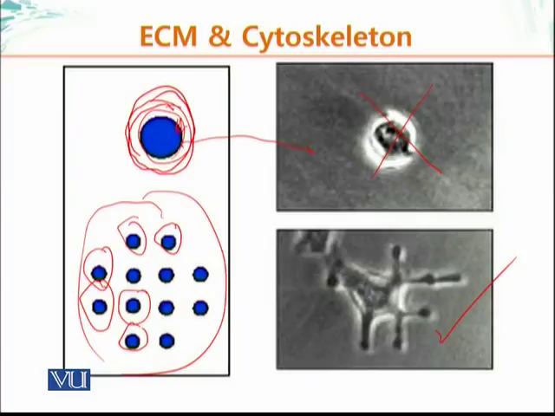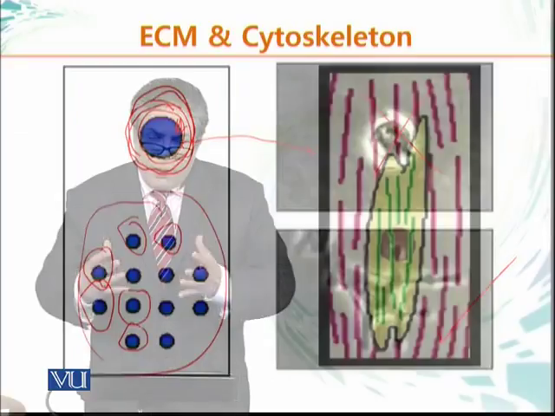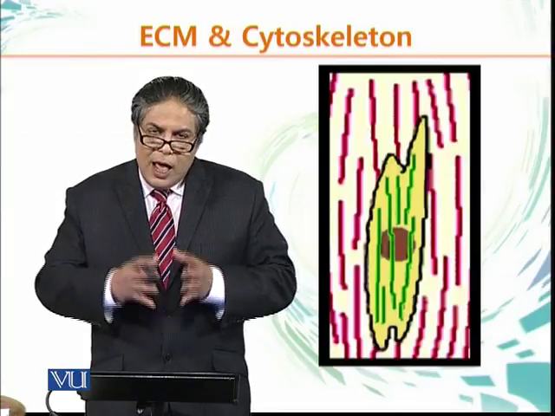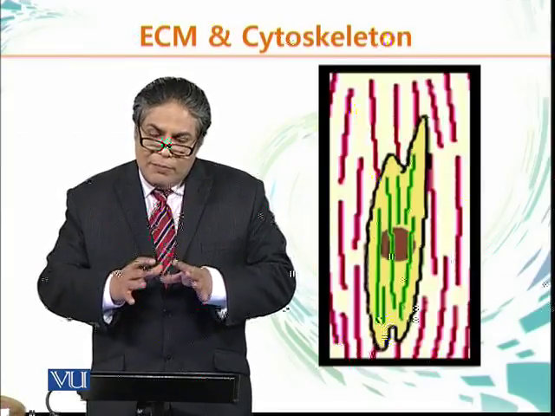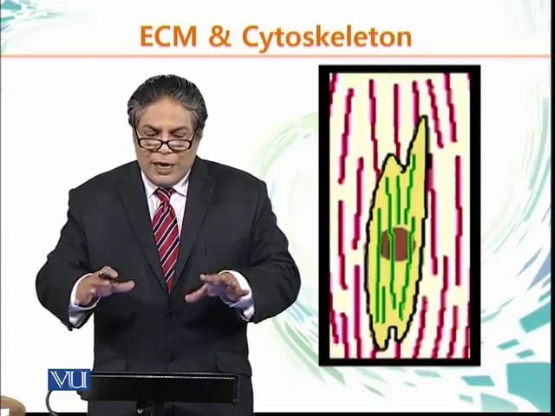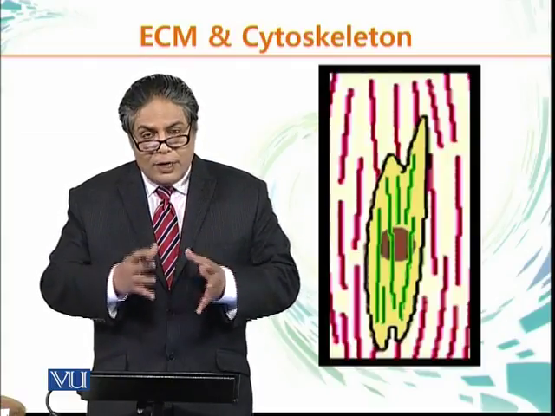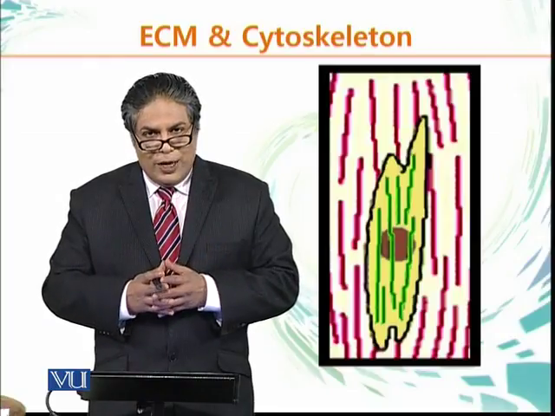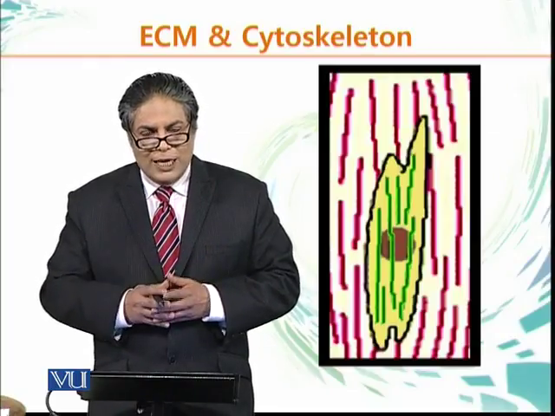The ECM also has to allow the cell to spread itself. So there's more than just the quantitative relationship of ECM and adhesion. Additionally, ECM should give cells an opportunity to spread themselves. If they are not allowed to spread, cells can go through apoptosis or programmed cell death.